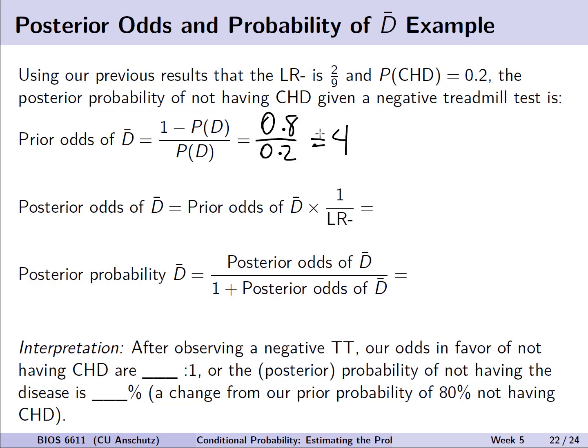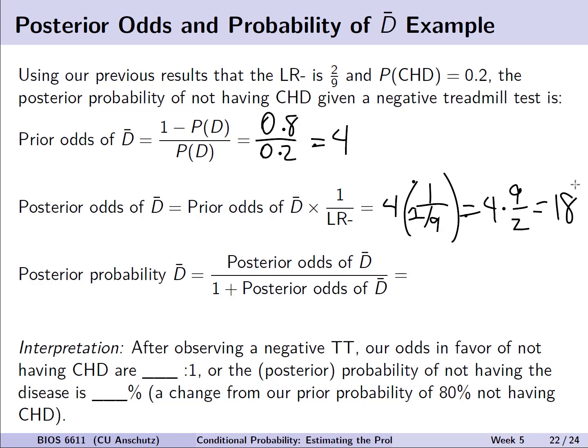Then using our formula we have here, we just take that prior odds of 4 times 1 over our negative likelihood ratio test of 2/9. And we can see we can do a little work to make that a little more friendly to work with, where you can see we have 4 times 9/2, or in other words, 18.